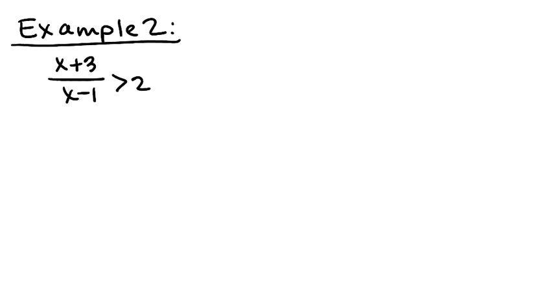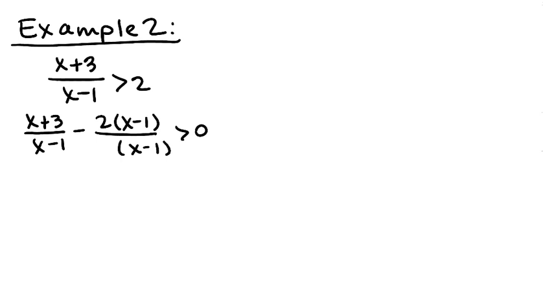All right. So I've got x plus 3 over x minus 1, minus 2, needs to be greater than 0. Okay, but we need one fraction greater than 0. So I'm going to need to change this 2 and get a common denominator. So I multiply by a clever form of 1 to get a common denominator.